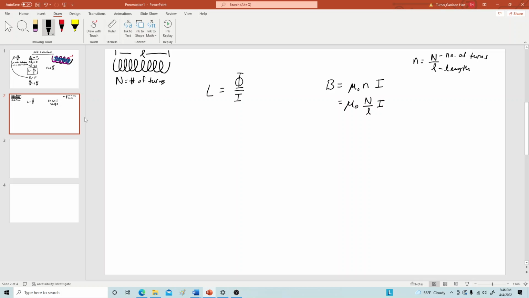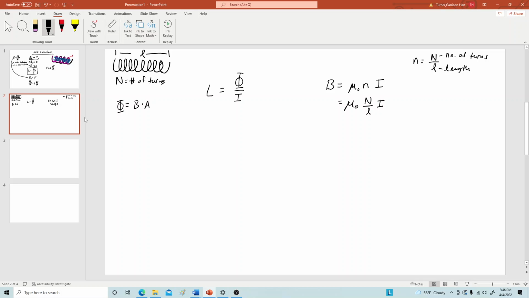Now the flux is going to be given by, remember, the flux is equal to the magnetic field times the area.